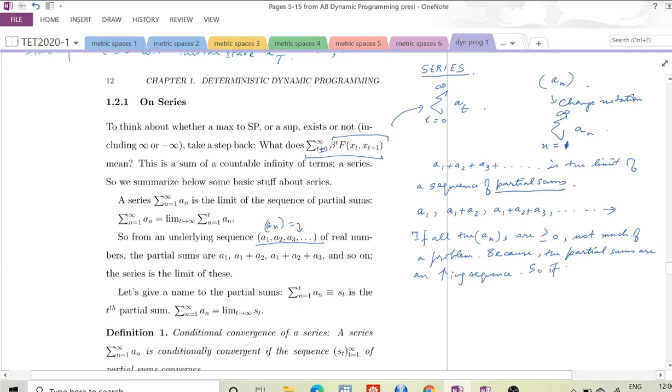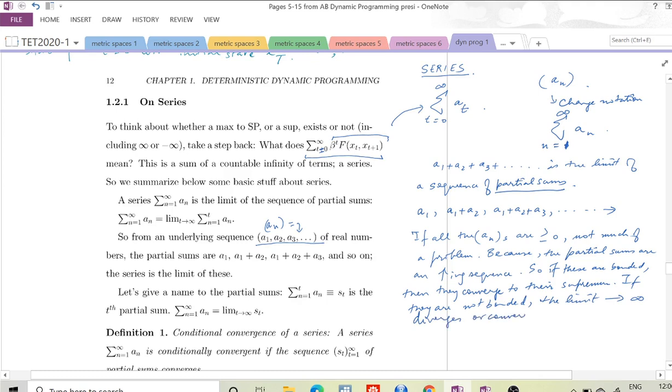So if these are bounded, then they converge to their supremum. If they are not bounded, the limit goes to infinity, and we can either say it diverges or converges, whichever we like, to infinity, right?